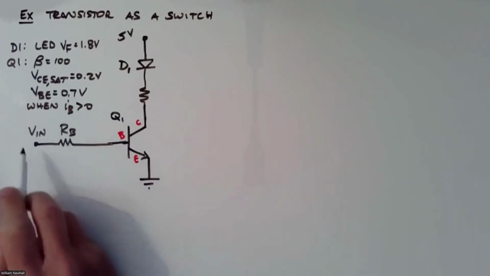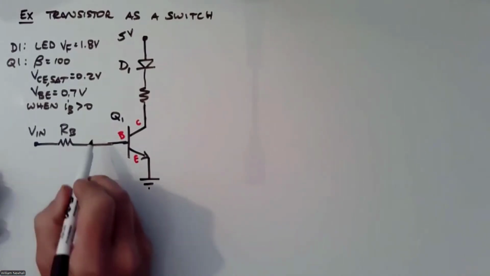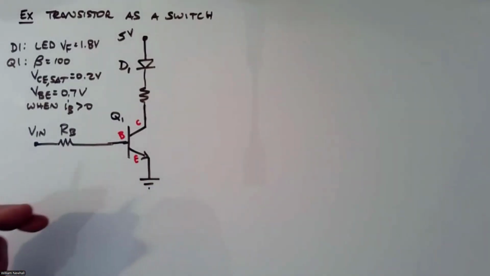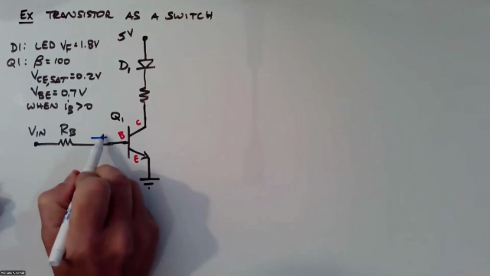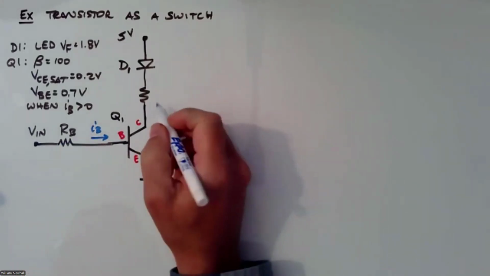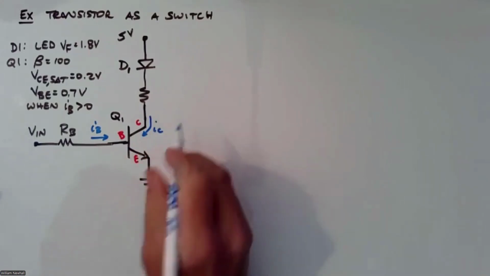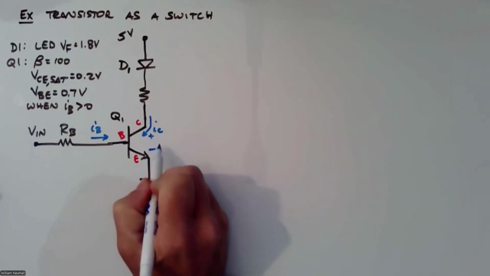And if I apply voltage here, let's call that voltage Vin. That voltage is going to cause a current to flow into the base. We're going to call that IB. And that IB will control IC. And then you have VCE between the collector and the emitter.